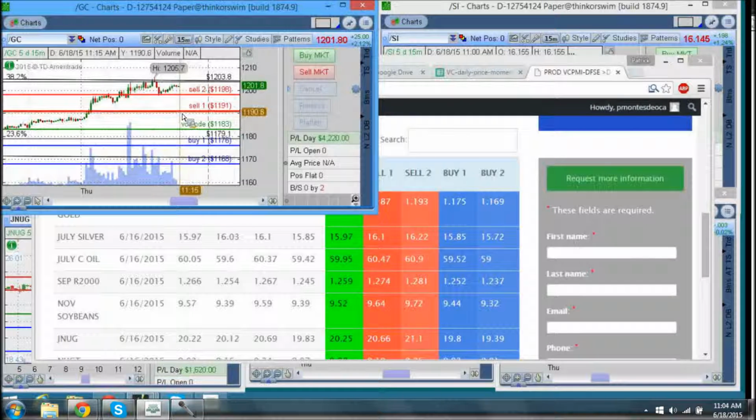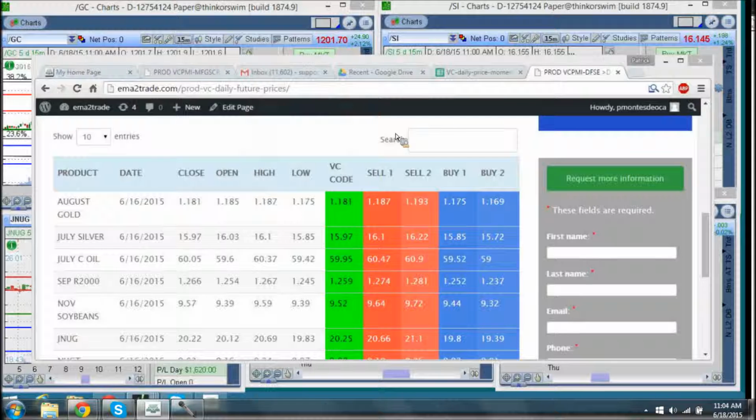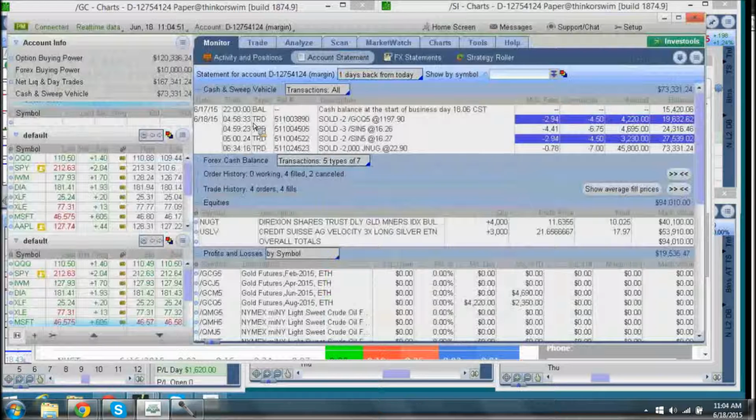These are the day trading algorithms, and we produced so far a profit here of $4,220 on a position trade that we've been tracking. Everything that we do is documented. We tell you time and sales exactly for the trade.